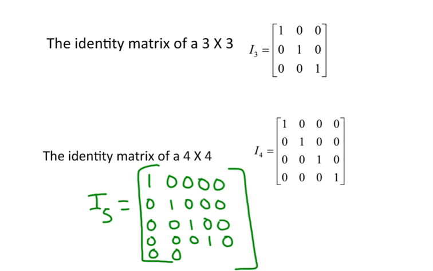So you can get the identity matrix from continuing on. You can do I6, I7, just get bigger and bigger. But you just have to know that the identity matrix will give that identity back. It will give you the matrix back when you multiply by any identity matrix.